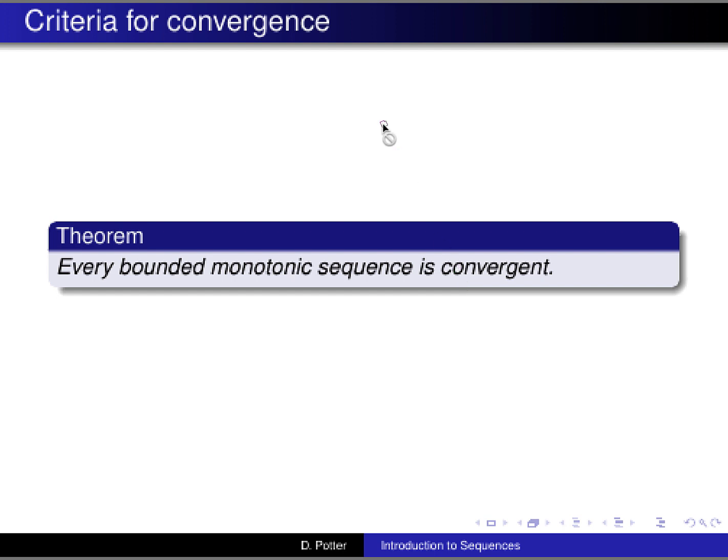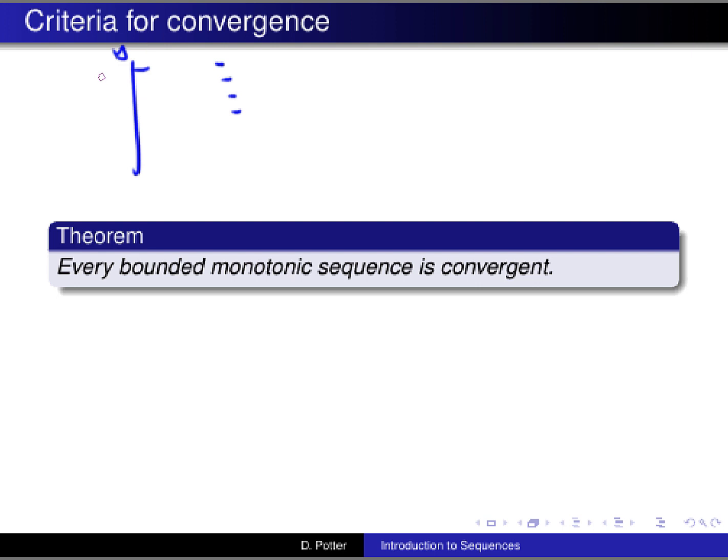So if it's decreasing and it has a bound, and it's bounded, then it has to converge. And why should that be? Well, if I've got my sequence, I'm just going to order the values, and say this is the value of a sub 1. Maybe I'm looking at the y-axis.